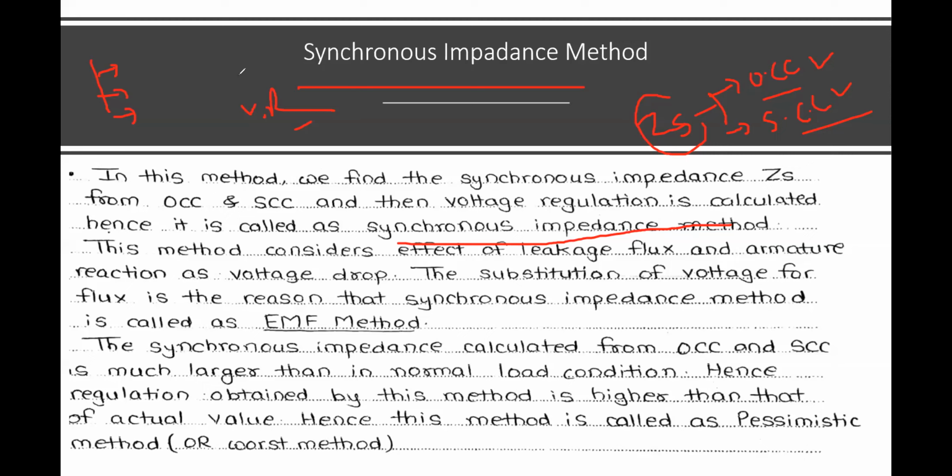I'm asking, if I elaborate this concept in another way: if my EPH is not equal to VT, what is the reason? You can also answer this question. Drop means there is one concern with the losses. The other 3 drops I already covered in unit number 1, and according to the drops we draw one circuit diagram.